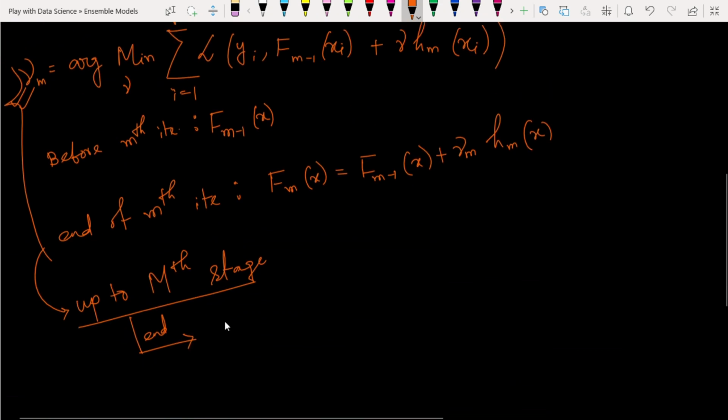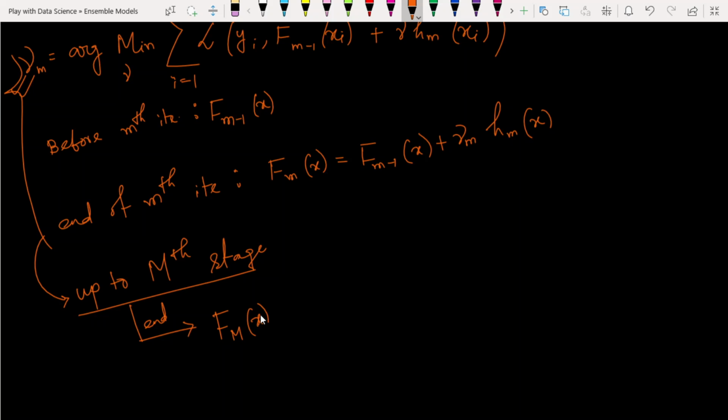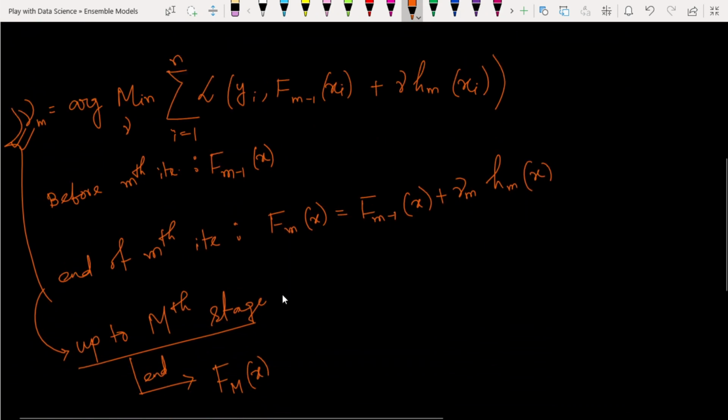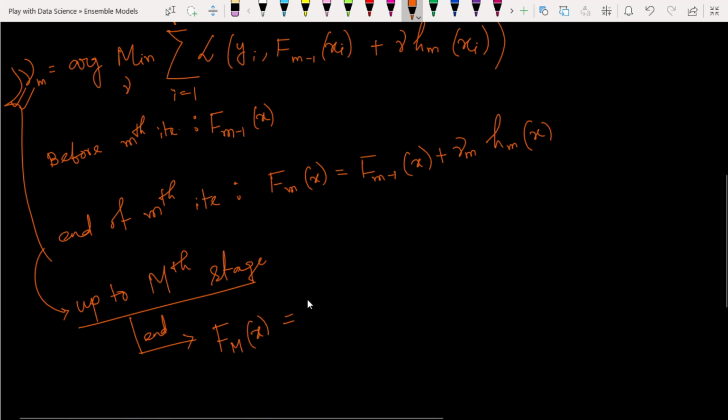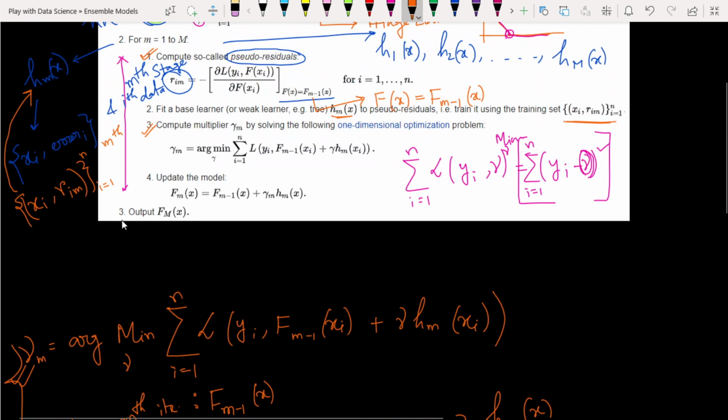We have finally got F m of x. So simply, F capital M of x means F capital M minus 1 of x plus gamma capital M minus 1 into h capital M minus 1 of x. This will be our final output.